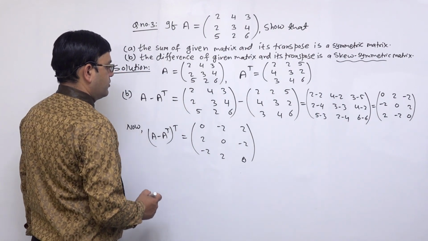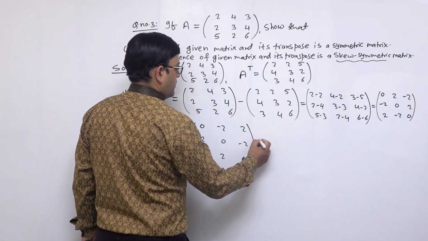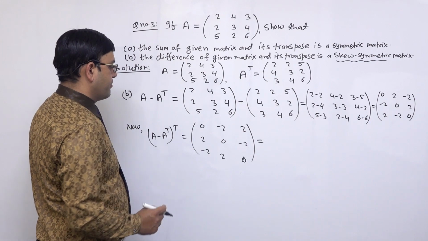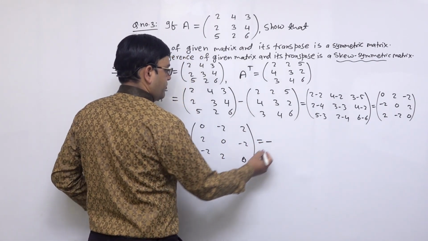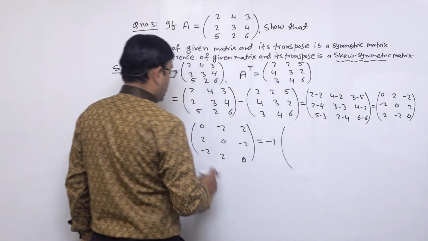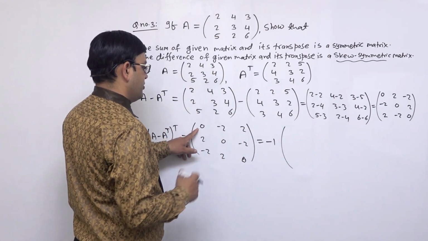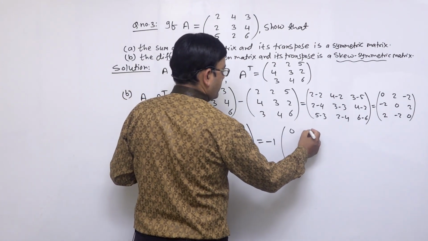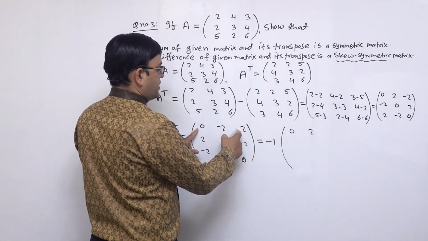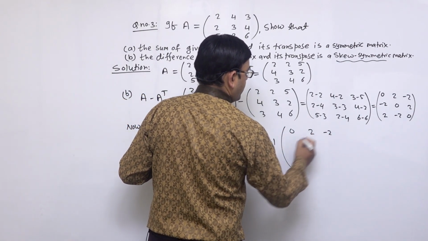Now this is equal to, can we take minus common? If we take minus 1 common here, then 0 stays 0, and here is 2, and here is plus 2, so if we take minus common, here is minus 2.